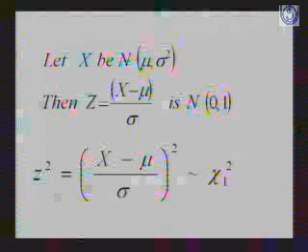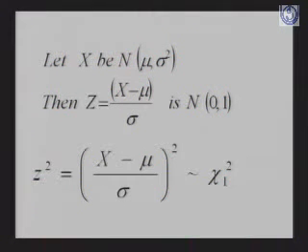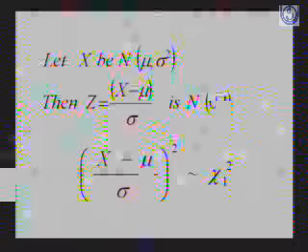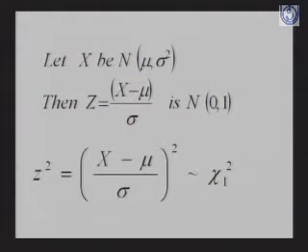Now, our assumption about the population is that our random variable x is normally distributed, and from that we are going to select a sample for studying some population characteristic. If that were the case, we also know from distribution theory that another random variable which we can define as z, in which we subtract the mean mu and divide by the standard deviation, that is (x minus mu) by sigma, is distributed as normal with 0 mean and 1 variance.